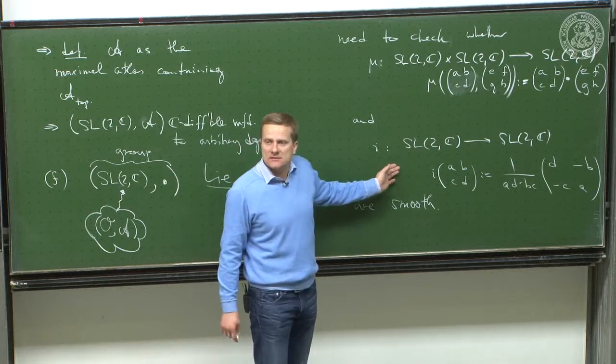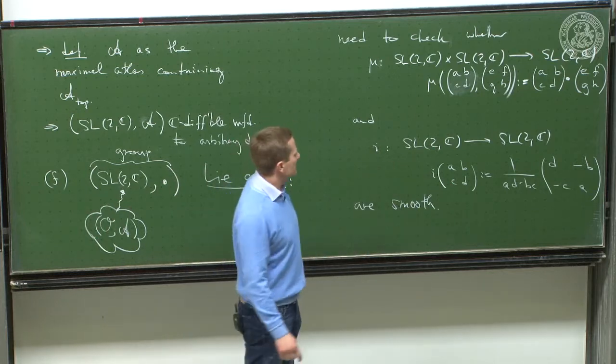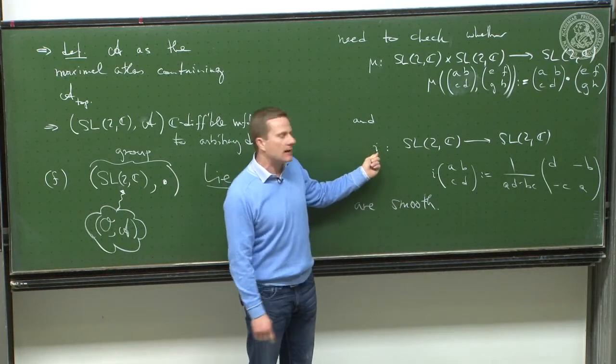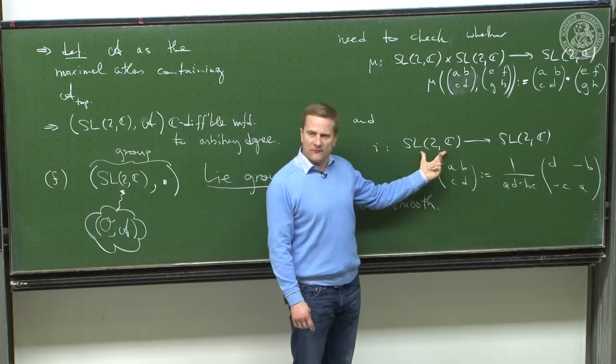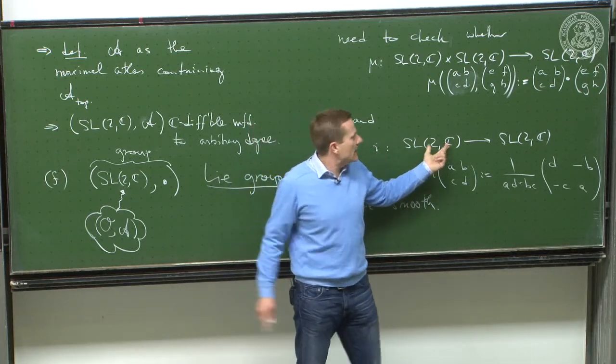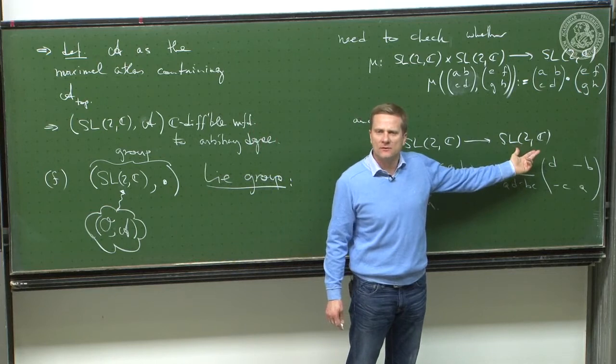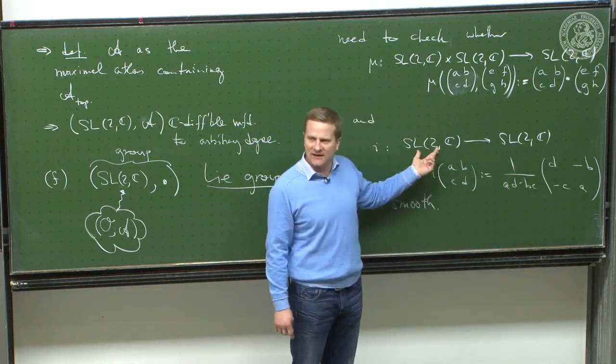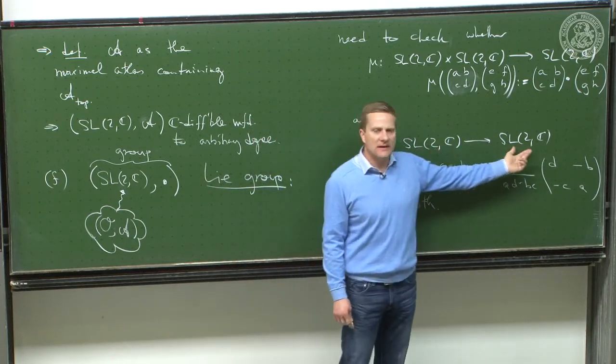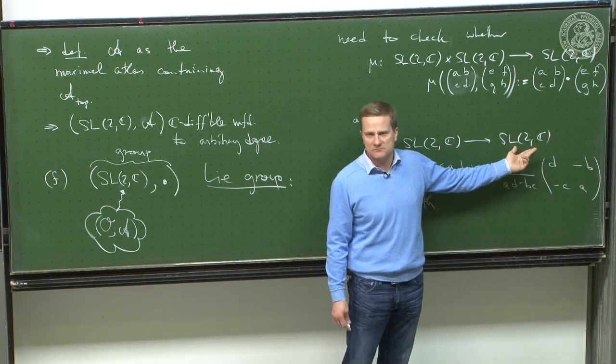We need to check this, but now we can check this, because look, for instance, at this i here. It is a map from a smooth manifold into a smooth manifold. Well, we know how to check whether a map from a smooth manifold into a smooth manifold is smooth. And we need to do this.